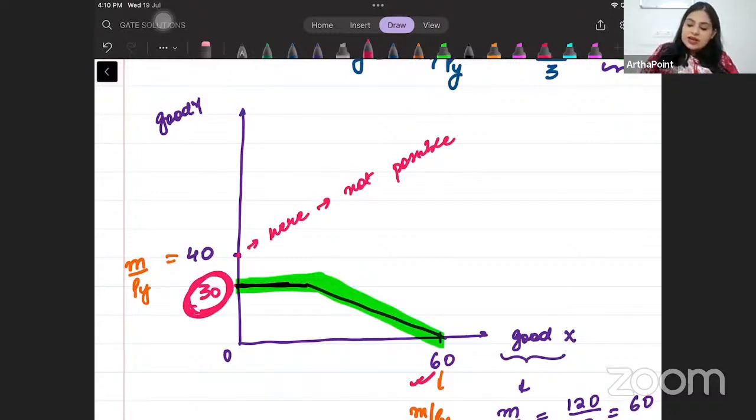So ideally, had I drawn my ICs, the highest IC I would have reached would have been here. But this point is not affordable.